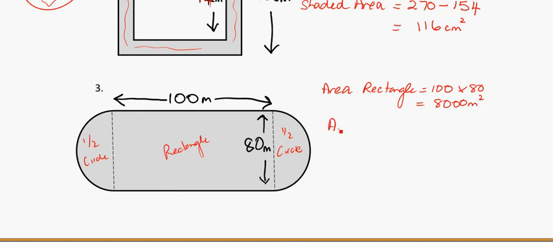Now if we can find the area of just one circle, which is the two halves added up together, so it's pi times, now the radius squared. Now if that whole thing is 80, the radius just goes from the middle out, there's that bit there, so it must be 40.